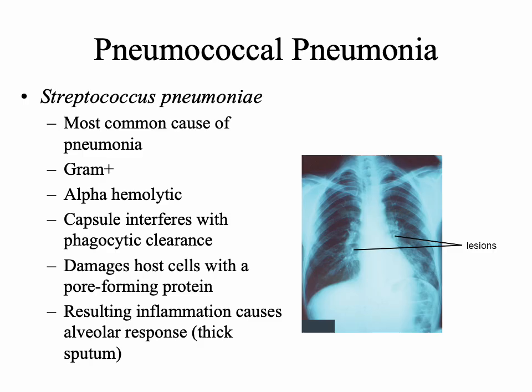It has a capsule. Remember that a capsule is a protective outer layer that's going to make it hard for your immune cells to clear it. It can damage host cells, and damage to your body cells can result in inflammation, and in a large amount of damage, it can cause necrosis.